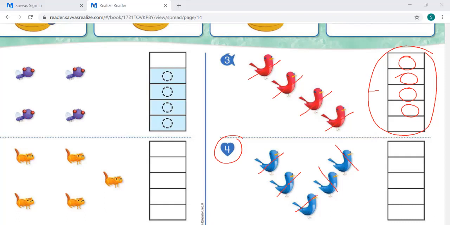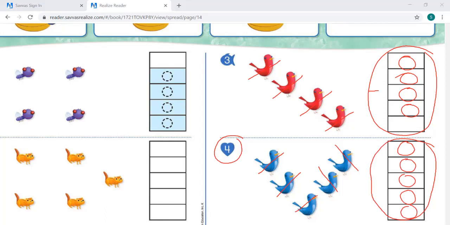If we have 5 bluebirds, how many of these rectangles am I going to draw counters in? 5, that is right. 1, 2, 3, 4, and 5. Each counter represents 1 bluebird.